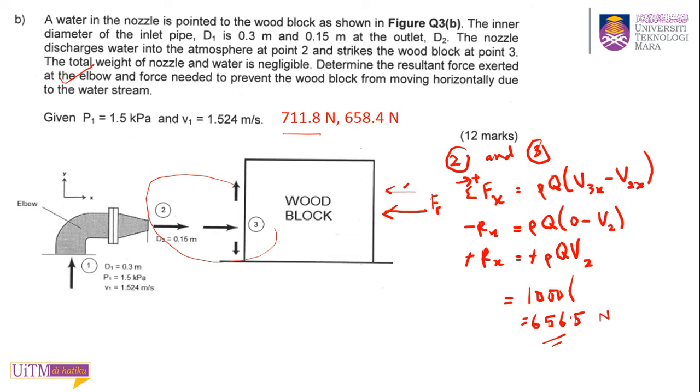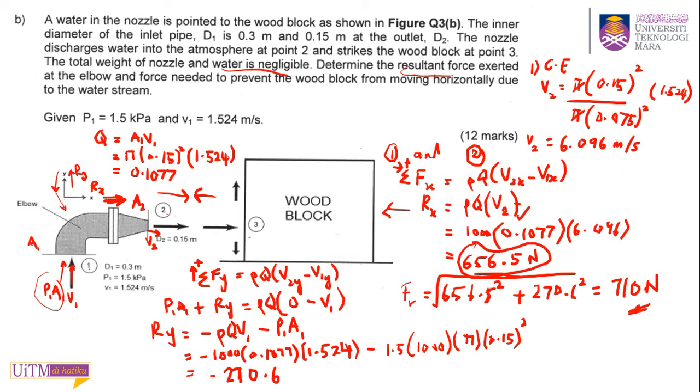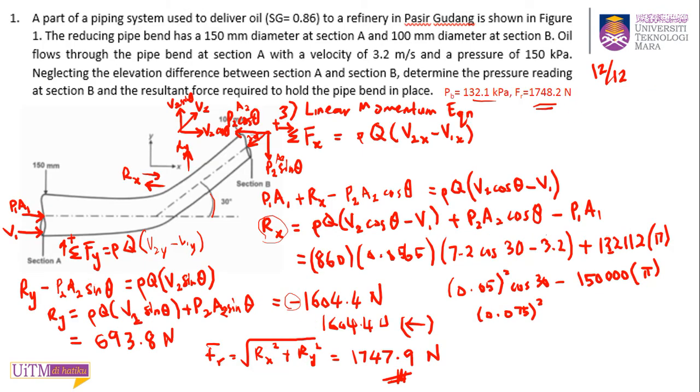Okay, soalan ni dia yang first tu kita ada P2A2 kan? This one you have a P2A2 value because this part is not mentioned that this go out to atmosphere. So they just take one part of this pipe, okay, and they ask you to find the resultant force.